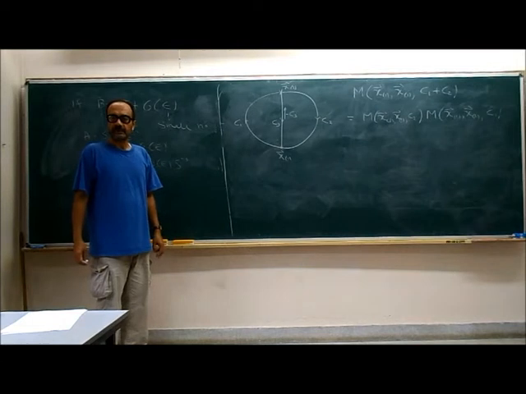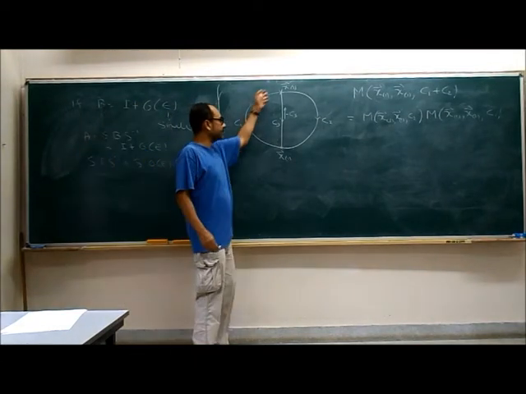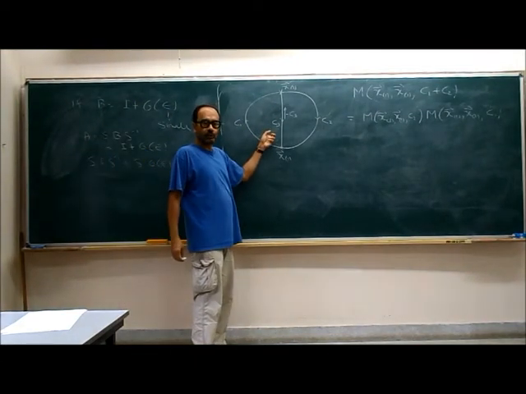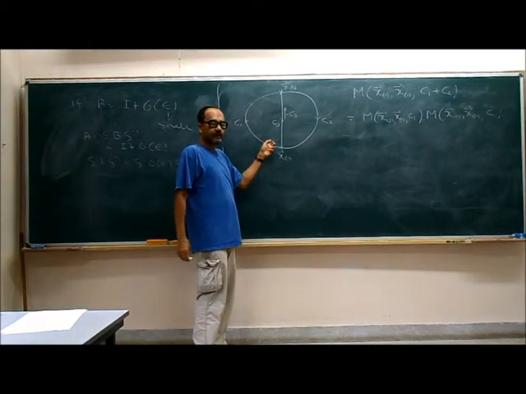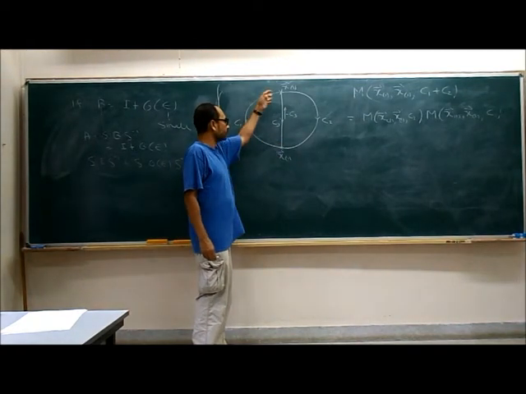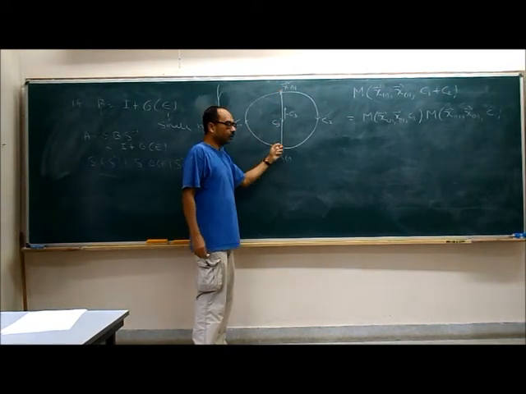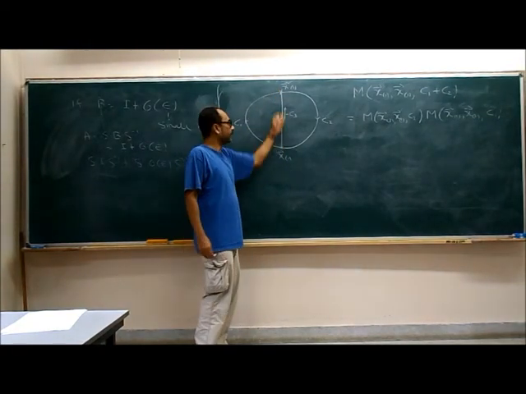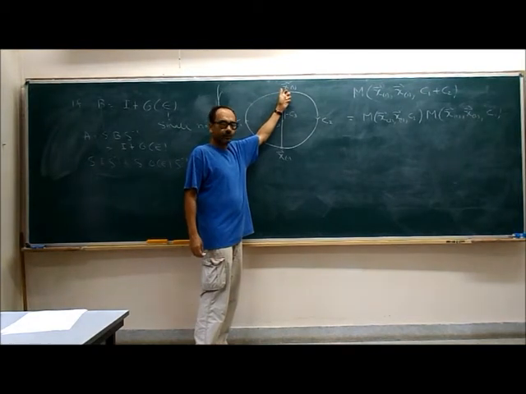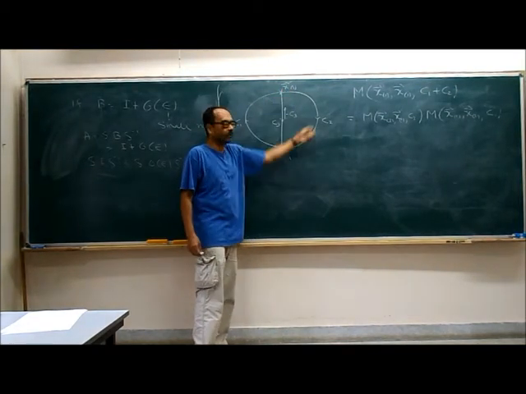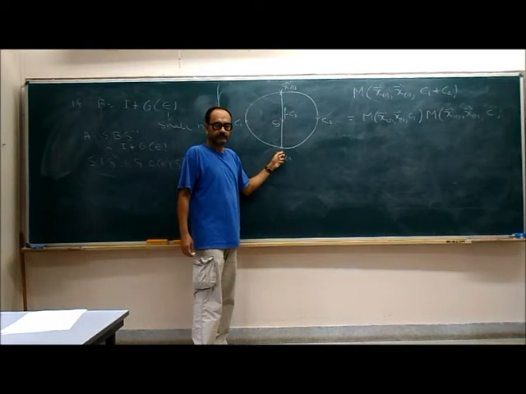But this doesn't divide this into smaller loops, right? You have not completed the loops. What you want to do is to write this in terms of small loops. So what you can do is that we go like this, then go down, come up again, to cancel this part, and then go like this.